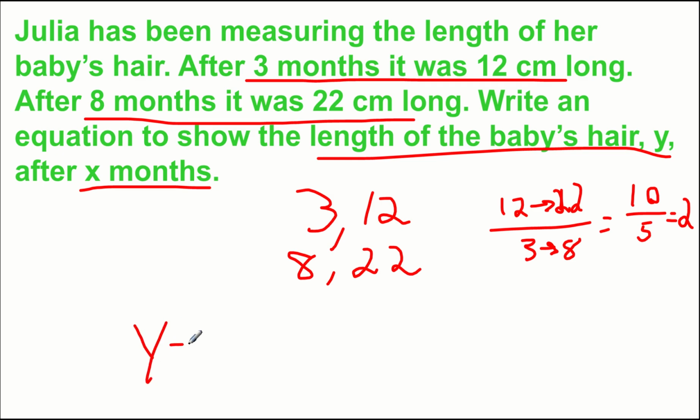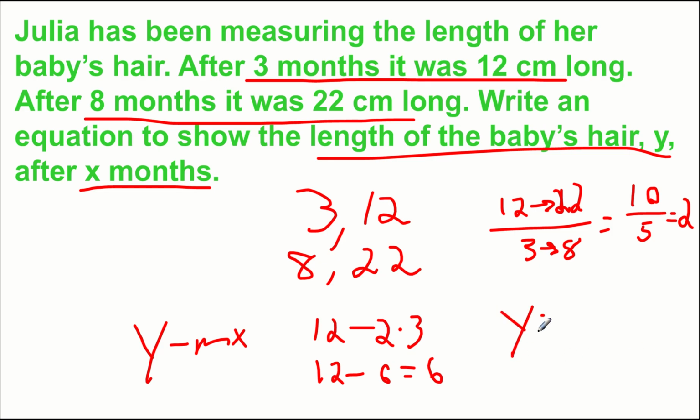I got to do y minus mx to get my y-intercept. So y is 12. My slope is 2. My x is 3. So we multiply first. 2 times 3 is 6. So I got 12 minus 6. And that equals 6. So we got y equals 2x plus 6. Any questions on how we got that equation?